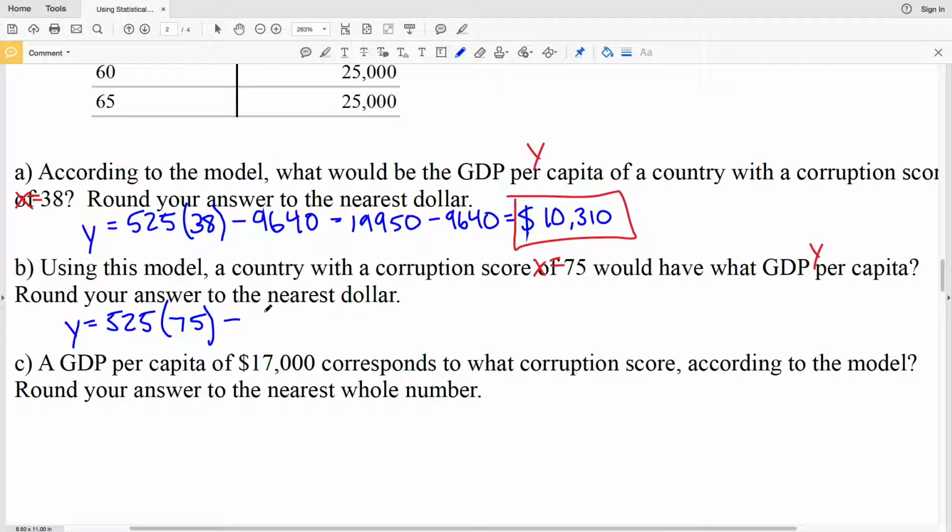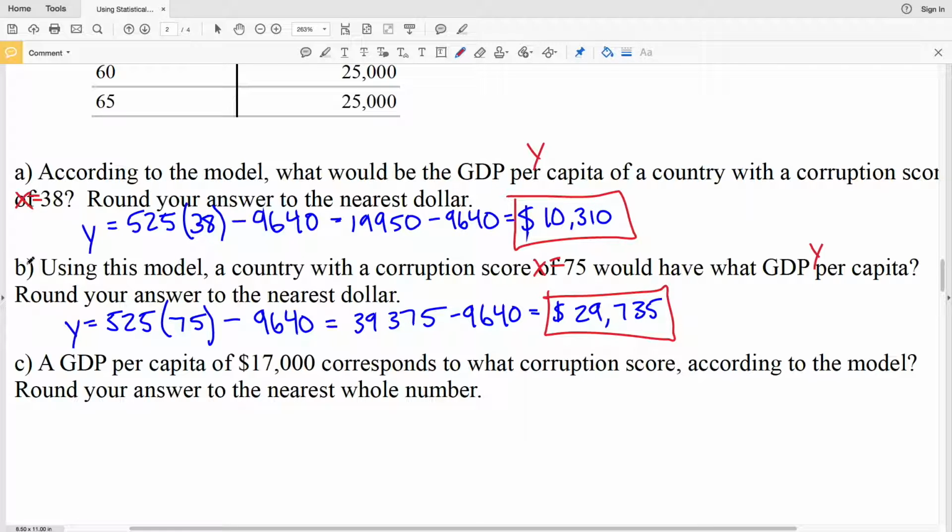And then we're going to subtract 9,640. So 525 times 75 equals 39,375. And when we subtract 9,640 from that, we will get $29,735 for our GDP.